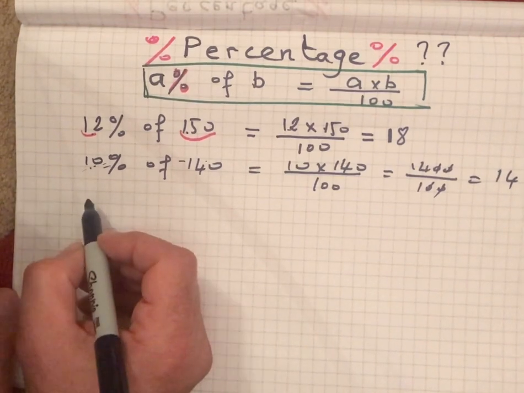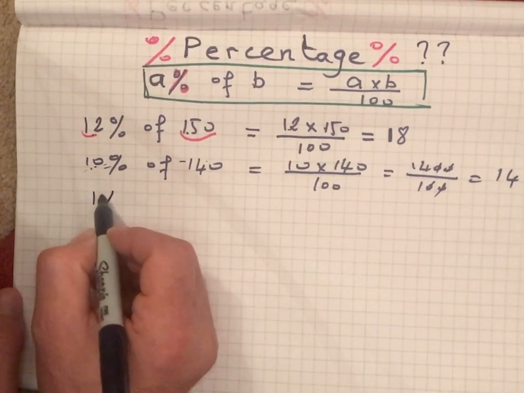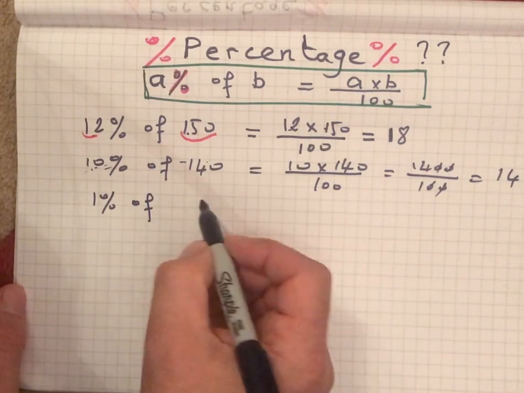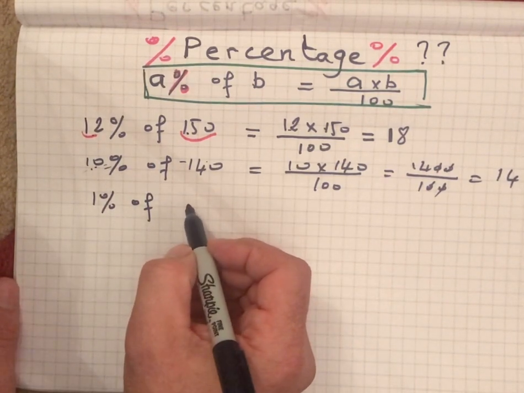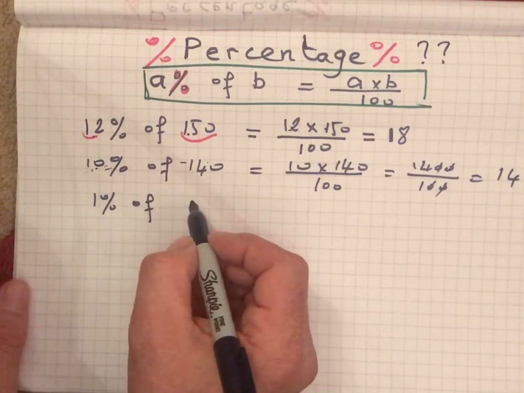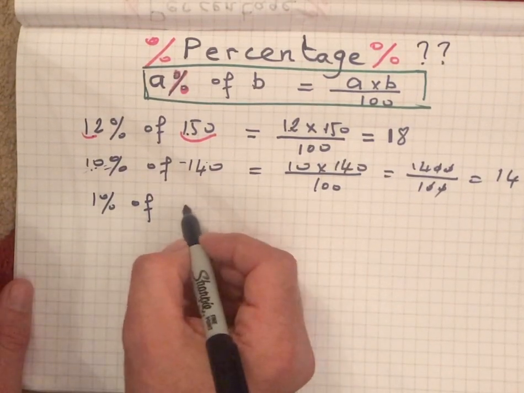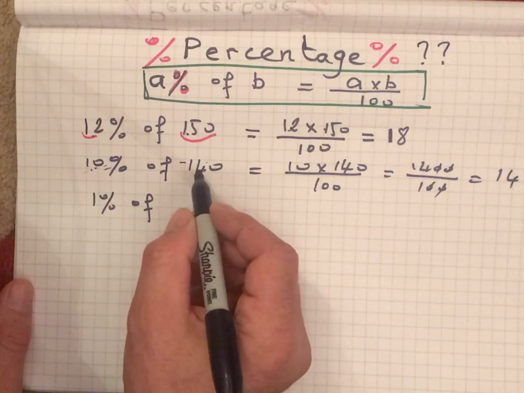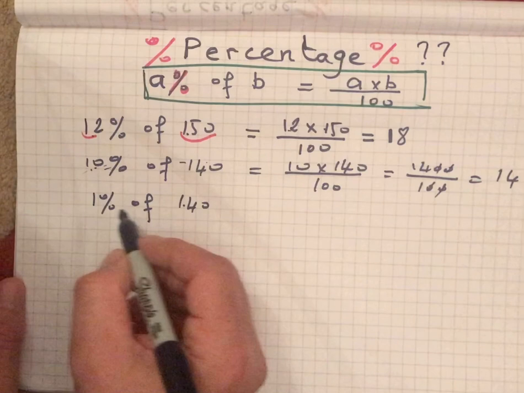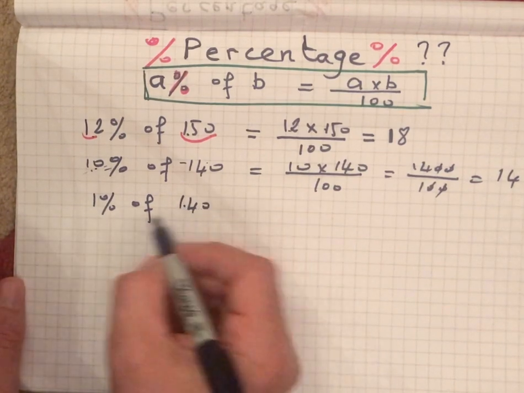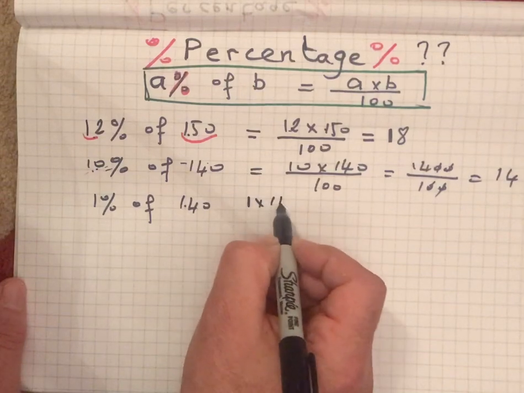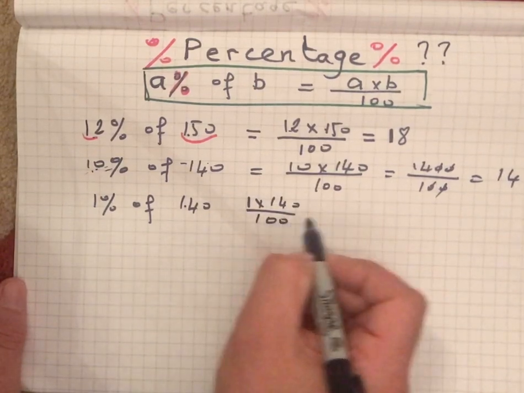Let's say 1%. 1% of any number, let's say 140, equals 1 times 140 divided by 100.